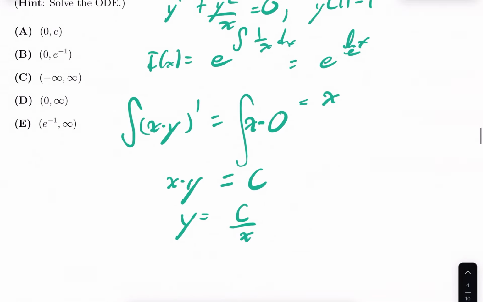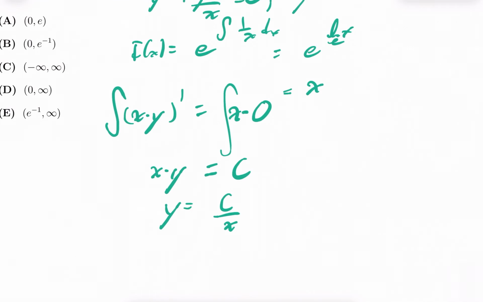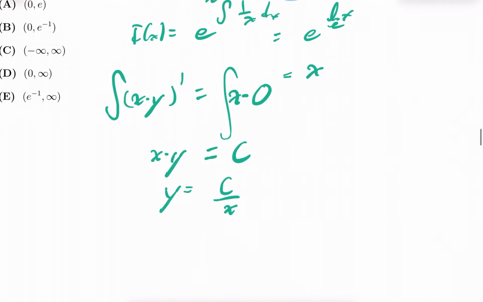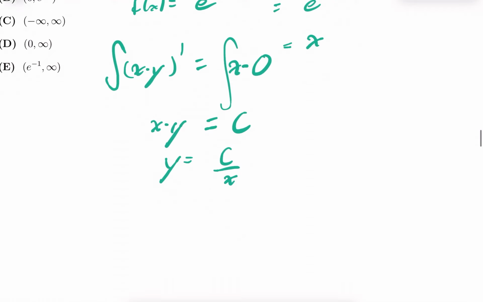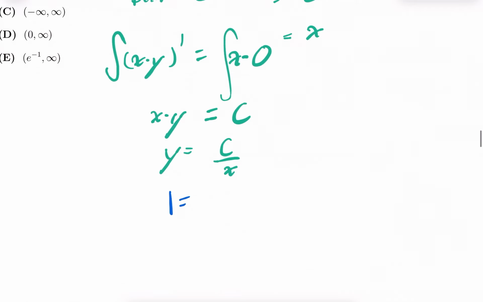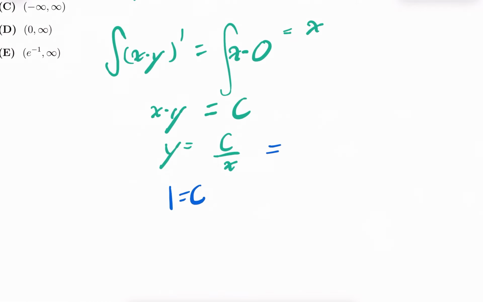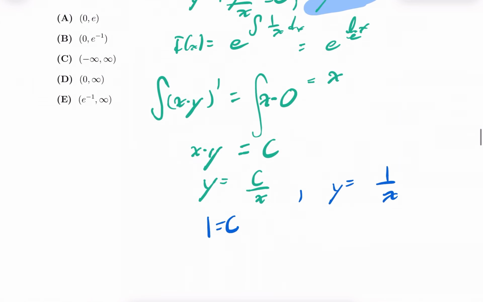And we have this lovely condition. So, plug in 1, so you get 1 equals c. Amazing. Therefore, y equals 1 over x. Whoa, guys. We have an x in the denominator. Watch out. This can't be here. This can't be here.